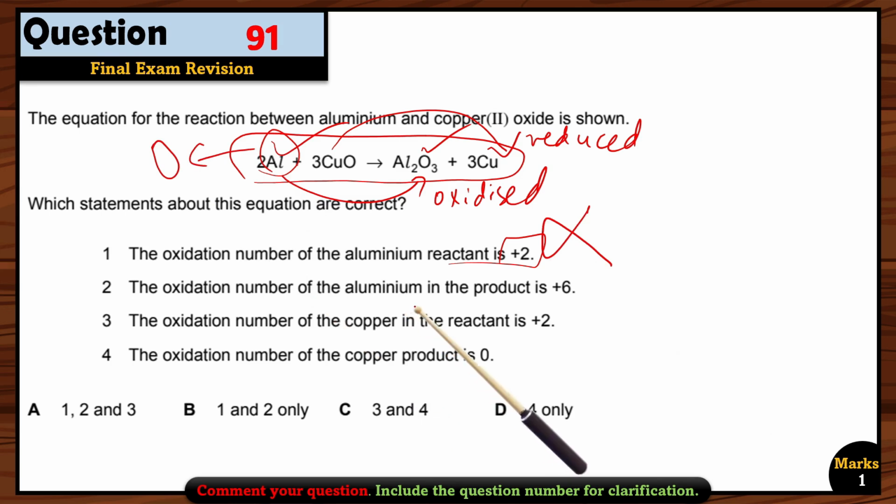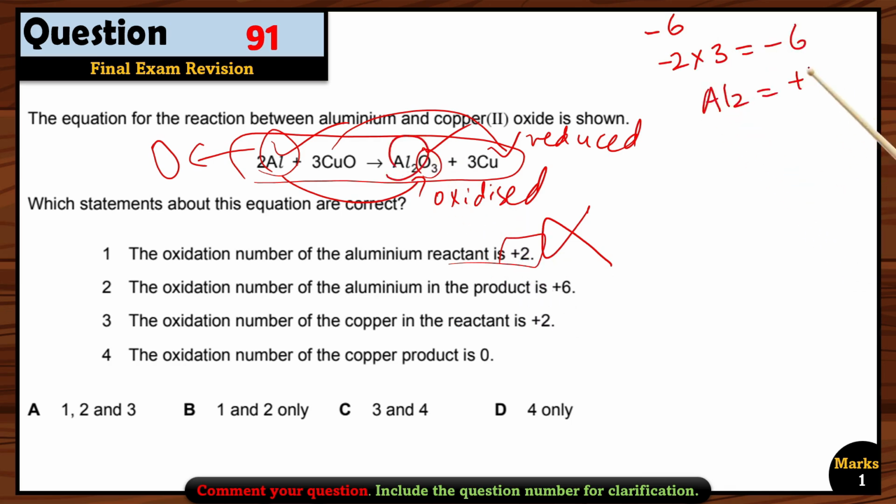The oxidation number of aluminium in the product is +6. Okay, let's see what the oxidation number of aluminium is. In Al2O3, oxygen has a total of -6 because -2 into 3 is equal to -6. So Al2 is +6, right? But this option is wrong. Why?